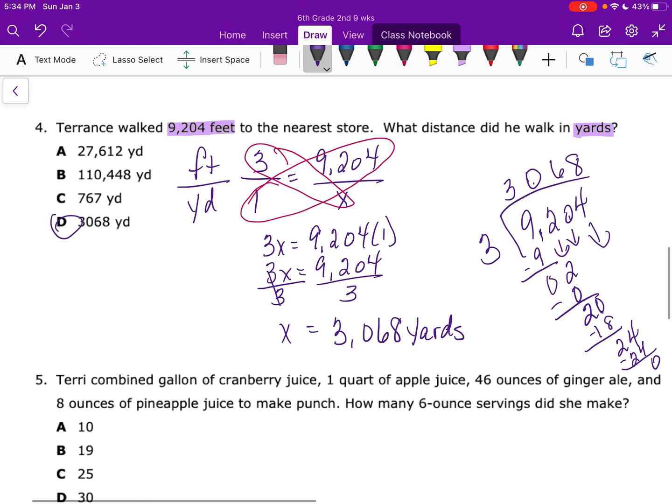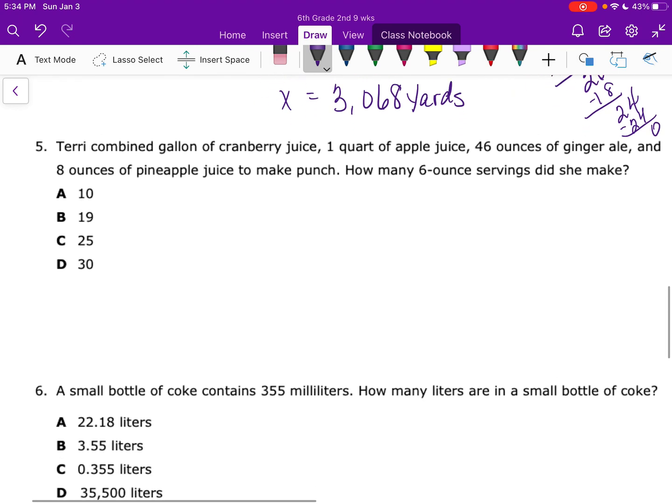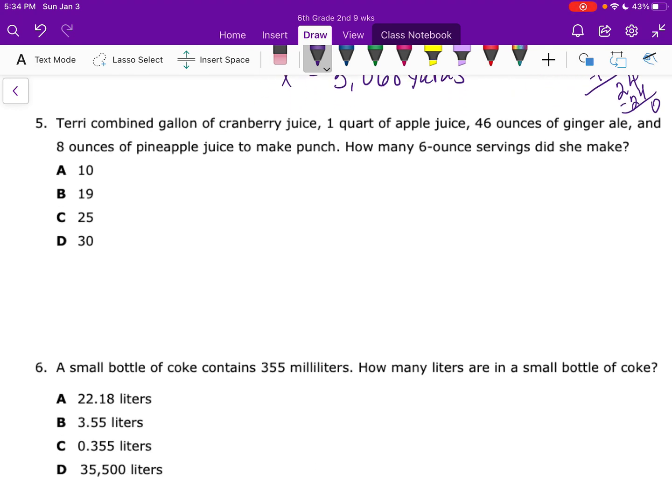All right, number 5. Number 5 says, Terry combined a gallon of cranberry juice, a quart of apple juice, 46 ounces of ginger ale, and 8 ounces of pineapple juice to make punch.